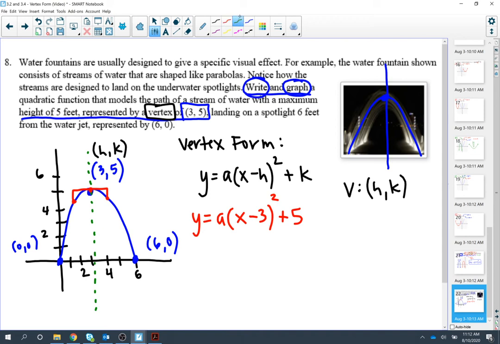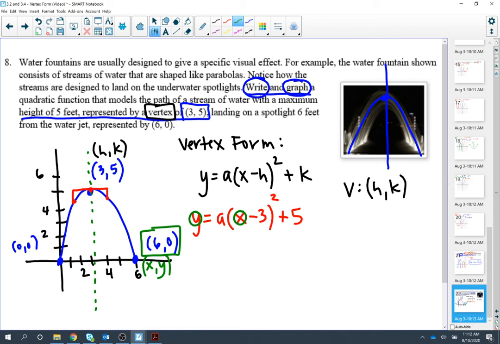And the way I'm going to find a is I'm going to use another point. I'm going to use this point. And this point is x comma y. And in my equation here, I'm going to substitute my x value and my y value, which will then leave me a to solve for.